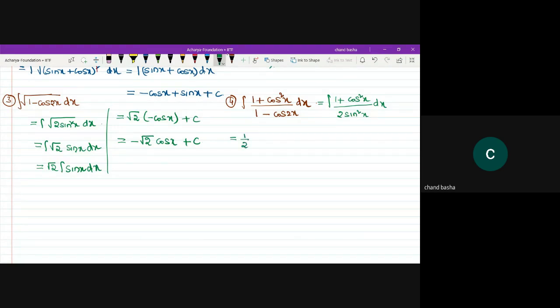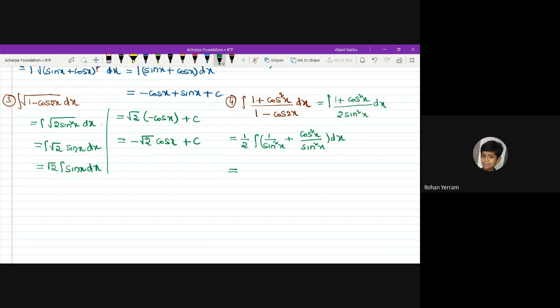Take the constant 1 by 2 outside. 1 divided by sine square x plus cos square x divided by sine square x dx. Hope this step is clear to all of you.